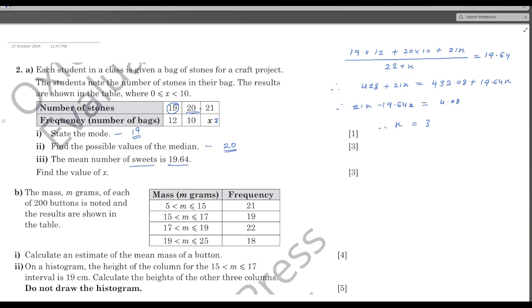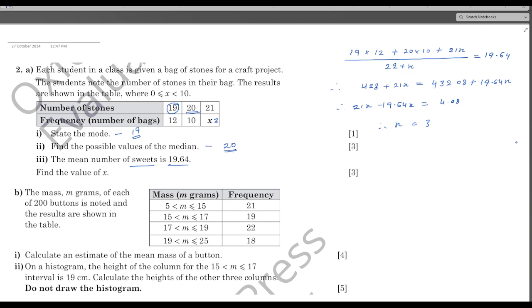Okay, now understand it again. When I arrange these bags in ascending order, 12 bags I will put where we have 19 stones each, then the 13th bag will have 20 stones, and from 13 onwards, 10 bags where we have 20 stones.